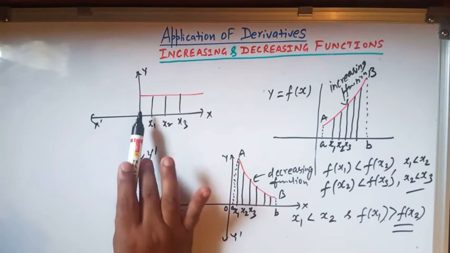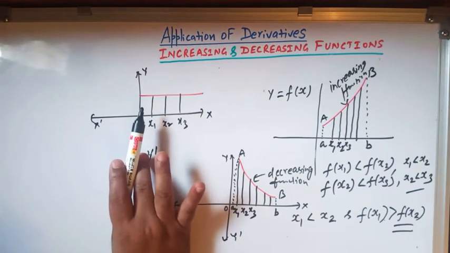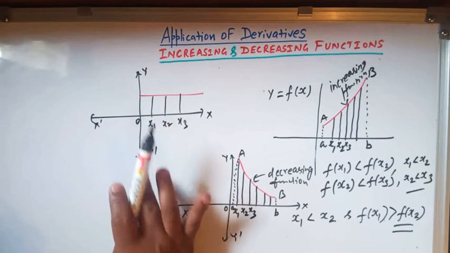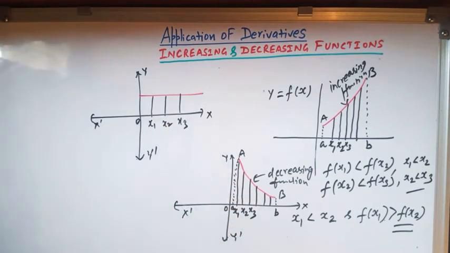Clear? So this function represents a constant function. Now let us take the formal definition of increasing and decreasing functions.